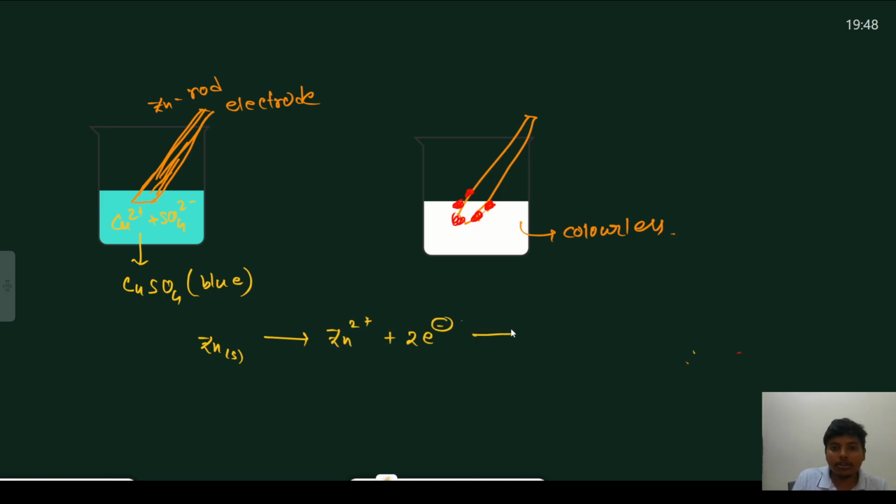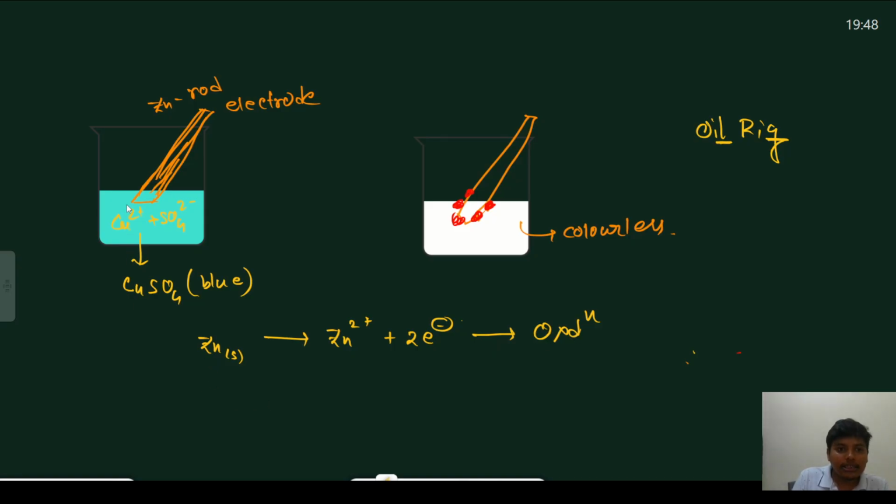What kind of reaction is this, oxidation or reduction? Oxidation. Again simple, OIL RIG. Oxidation involves loss of electrons and reduction involves gain of electrons. So loss of electrons means oxidation.